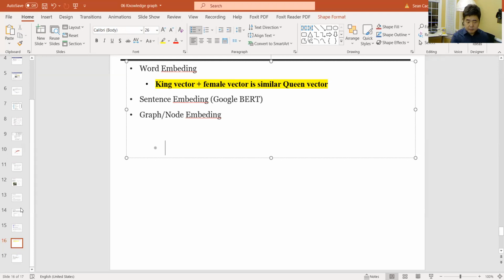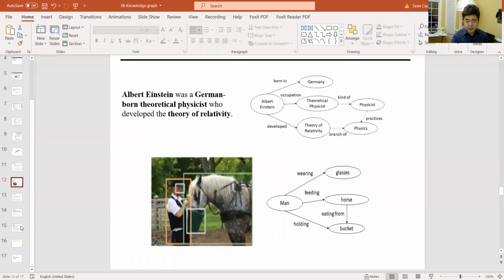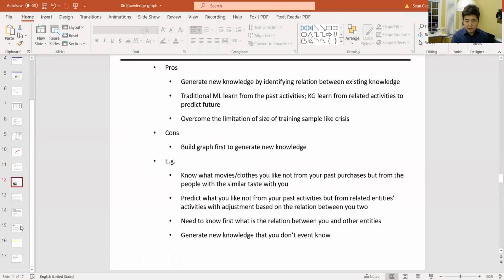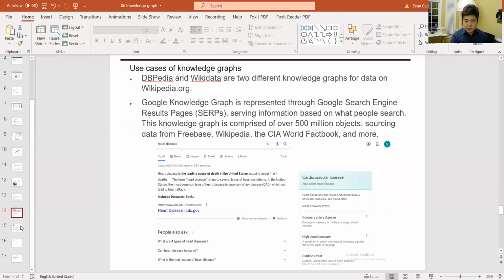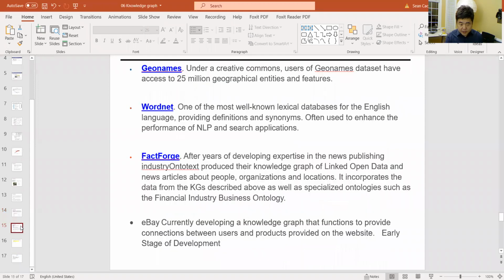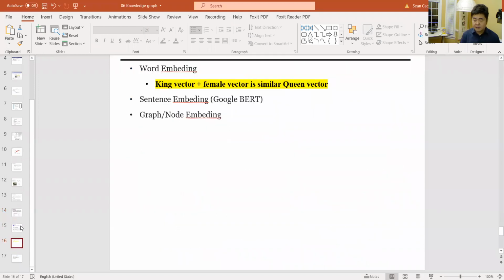Again, my point here is that for knowledge graphs, the first choice is to use the ones that already exist, built by Wikipedia, Google, and other commercial companies. That's the first priority strategy. But in case nothing works out, there's nothing available for you, you can also build on your own.